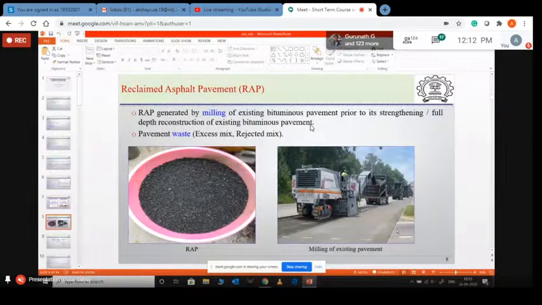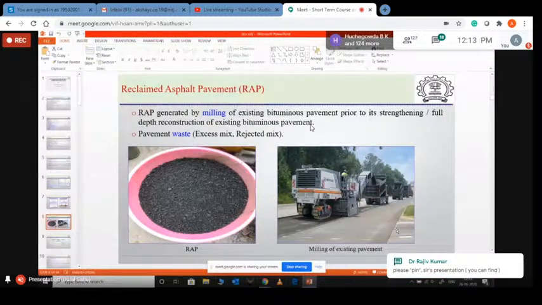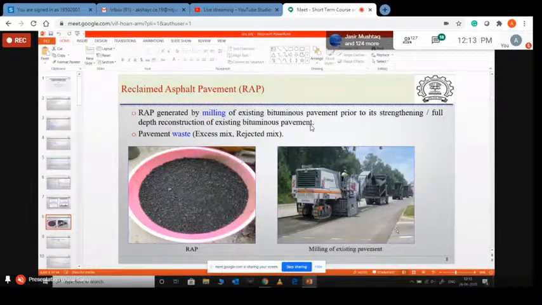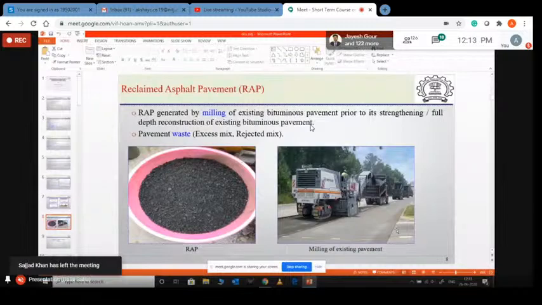And these mill materials are taken from almost all national highway projects and important state highway projects. There are huge quantities of RAP, mill material available. And another thing is that while constructing the road, a lot of waste or excess mix or rejected mix is also generated. So these are the 2 sources of RAP mainly.